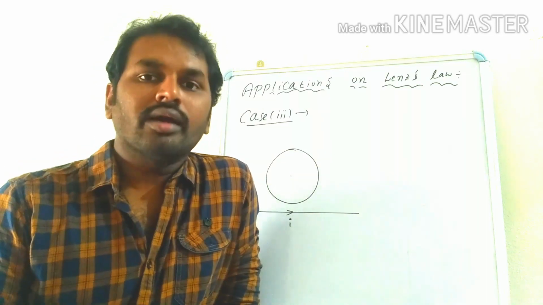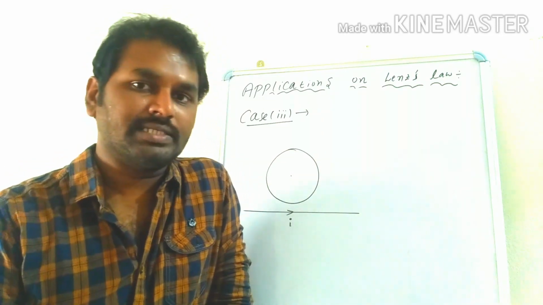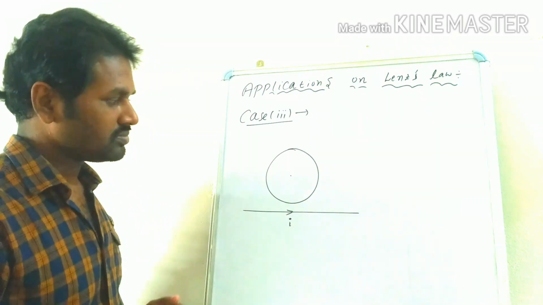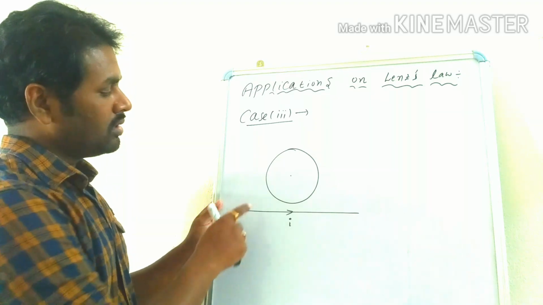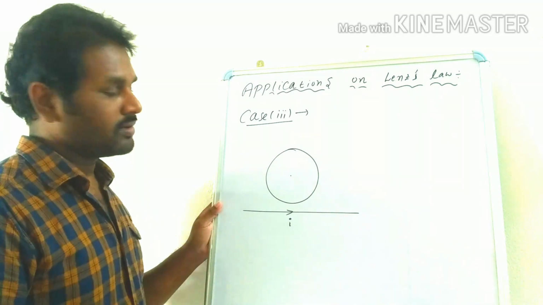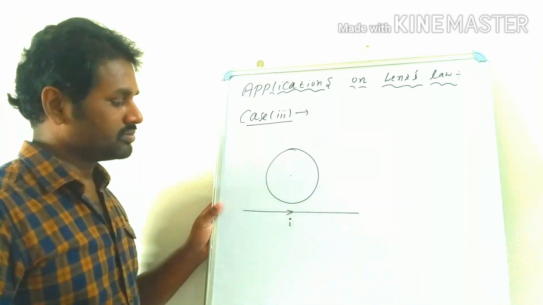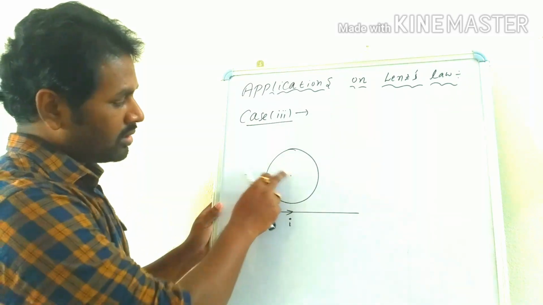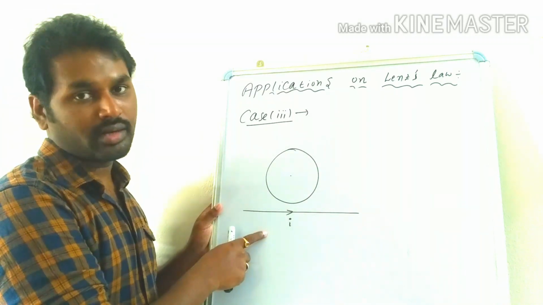Now we have a third case to find the direction of induced current. There you can see. Here I am taking a circular coil which is placed parallel to the plane of the board, and below it I am taking a current carrying conductor.